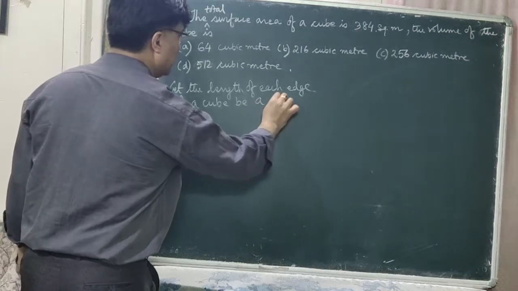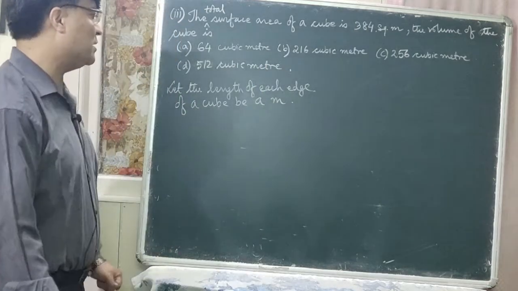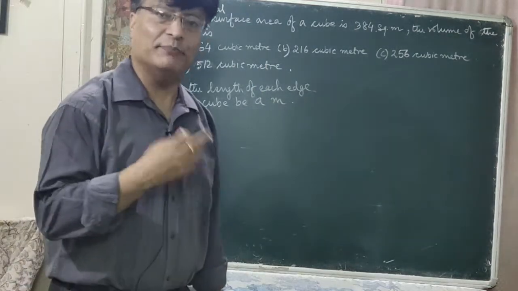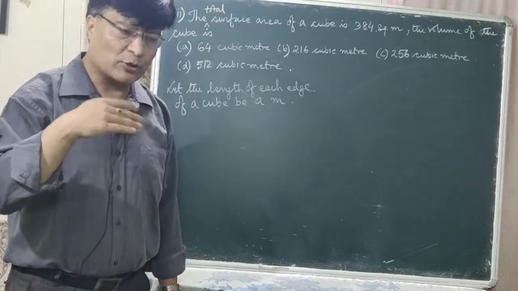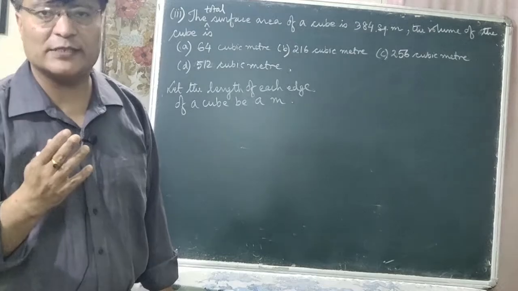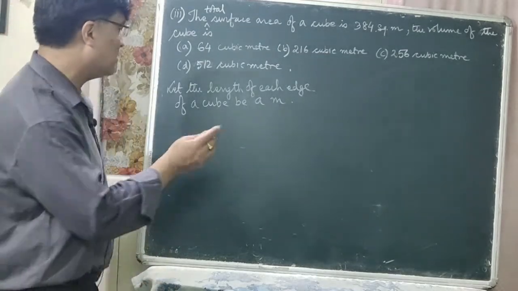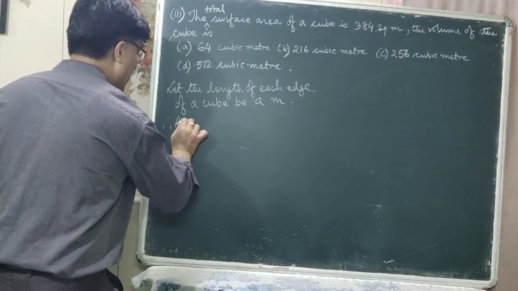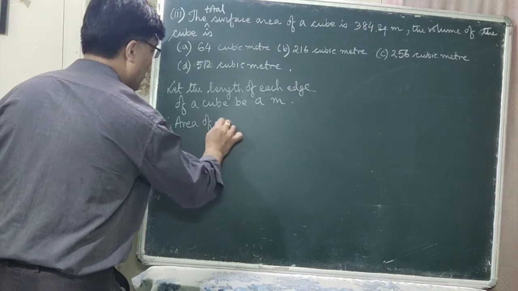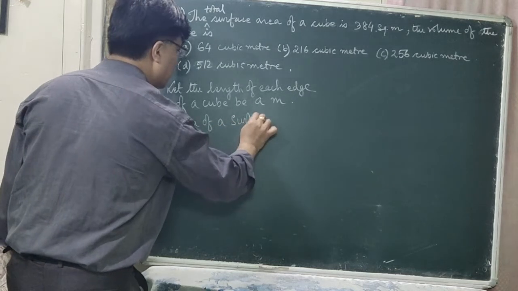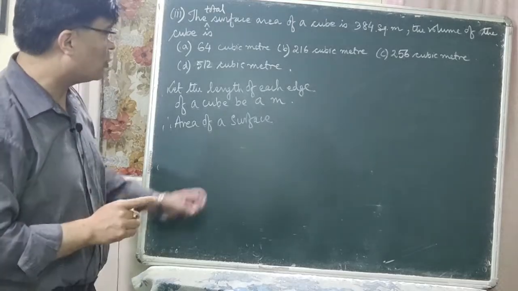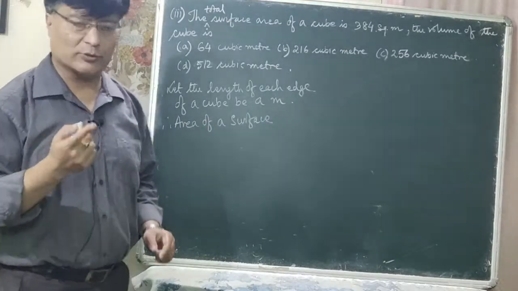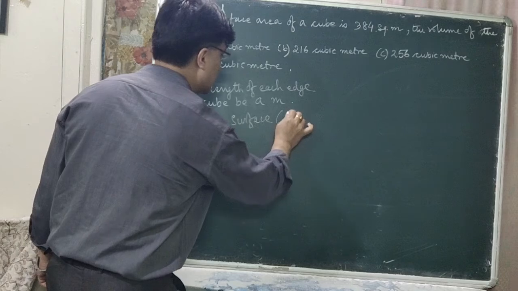Let the length of each edge of a cube be a meter. भनेपछि यसको प्रत्येक सर्फेसेस के हुन्छ? स्क्वायर हुन्छ. So therefore area of a square or area of a surface, त त्यो क्यूबको एउटा सर्फेसको हामी एरिया निकाल्छौं.